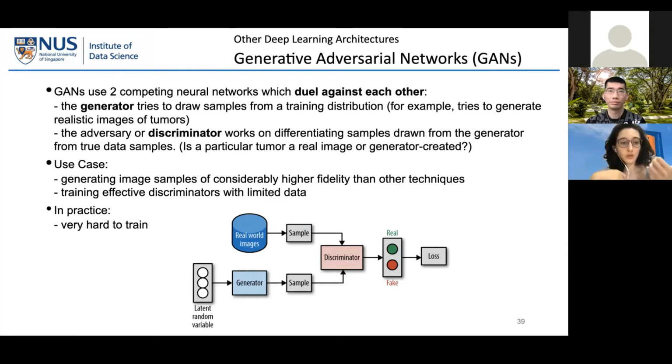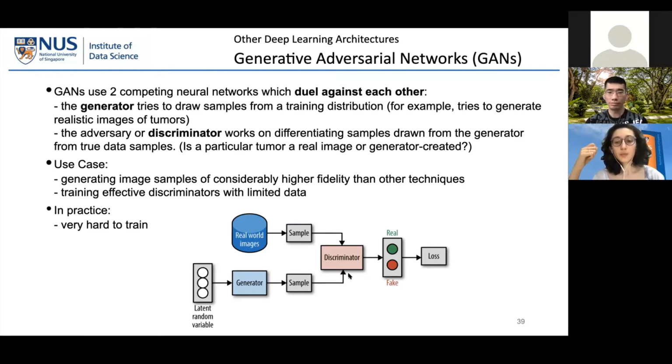So you have a generator, which is a model that tries to draw samples from a training distribution, okay? For instance, it will try to generate realistic images of a tumor. And you have, on the contrary, the adversary or discriminator. So here you have some noise, and the generator tries to draw a tumor image from that noise, okay?